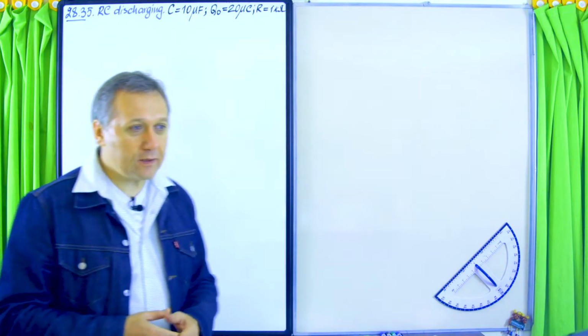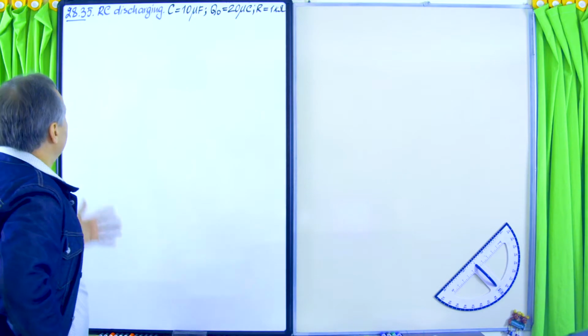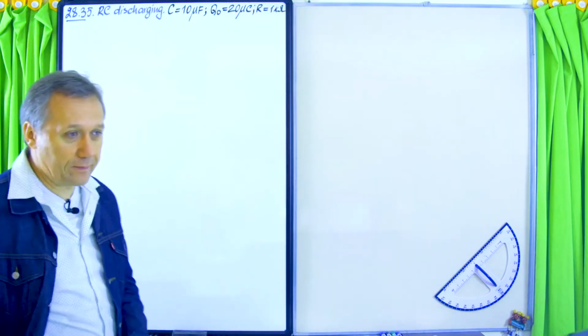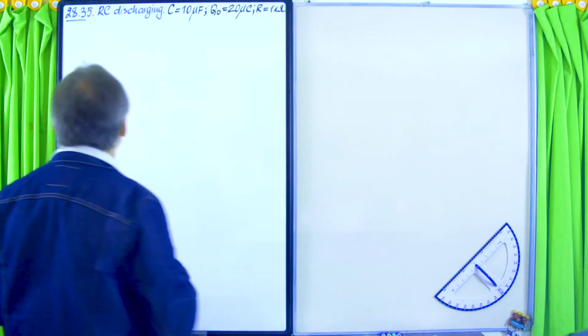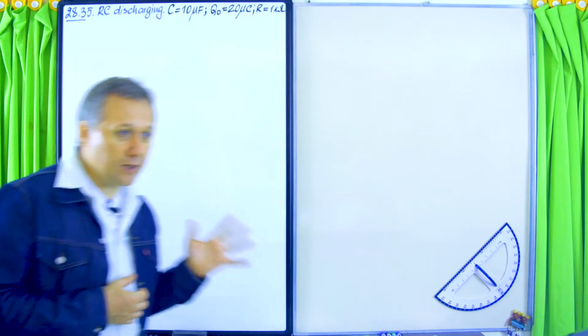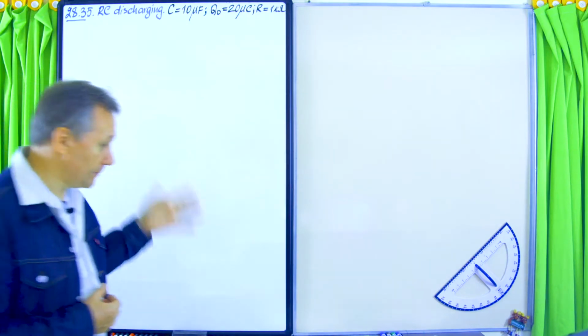So now let's apply that to problem 35, 2835. In this situation, we're going to discharge a capacitor, so it's RC discharging. What is given?